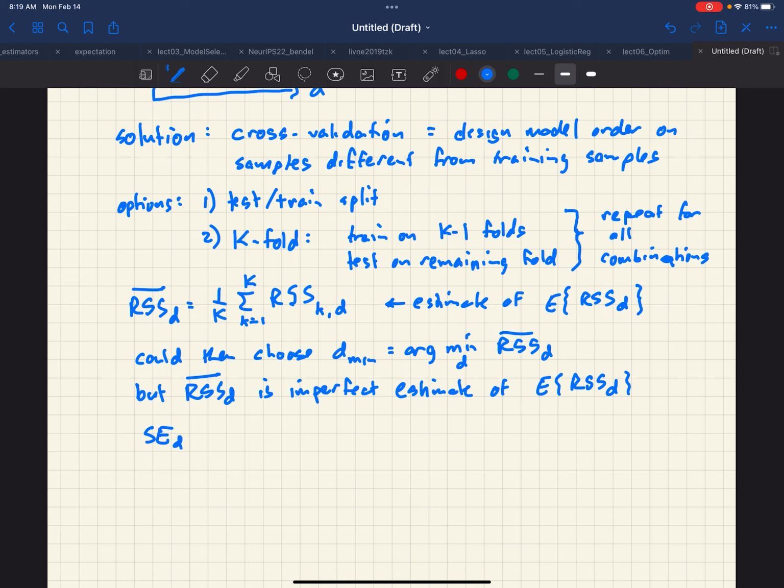So another way of thinking about this standard error is basically the variance of this RSS D minus its mean, the square root of that variance.